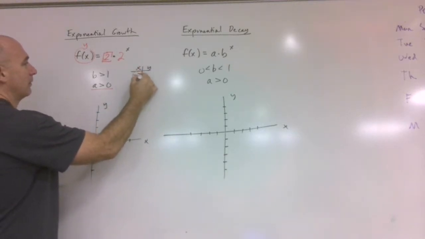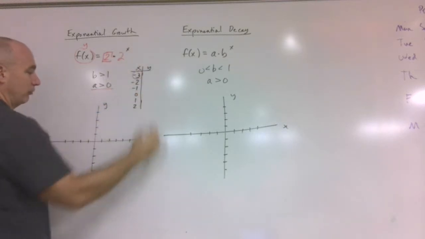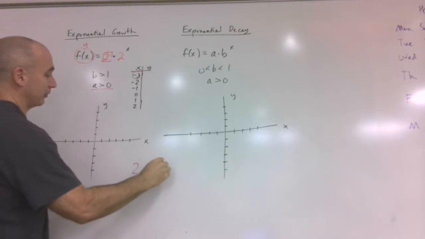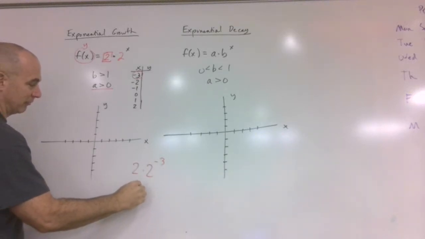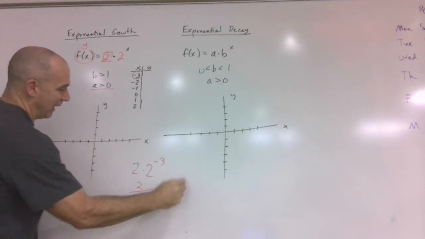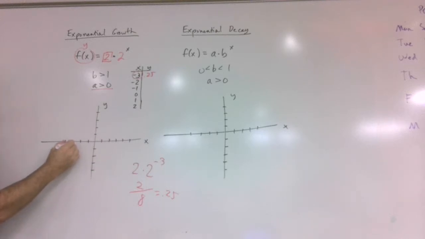So if I actually plug this in right here, I'll show my work right here: 2 times 2 to the negative third power. Well, that's the same thing as 2 over 8, which is 0.25. And so I go negative 3, 0.25, and then barely up.